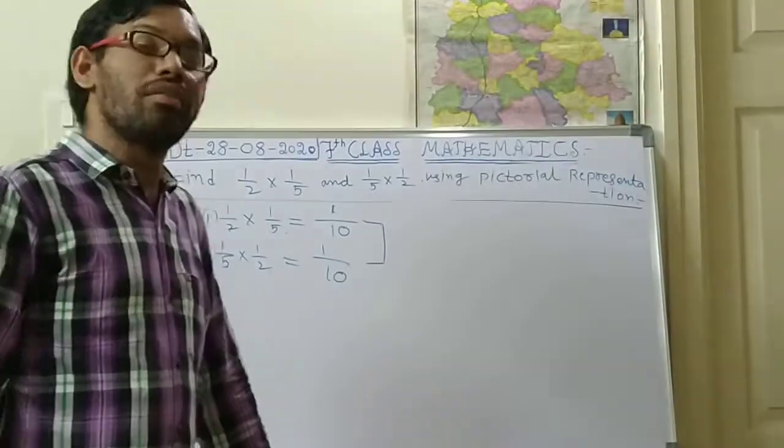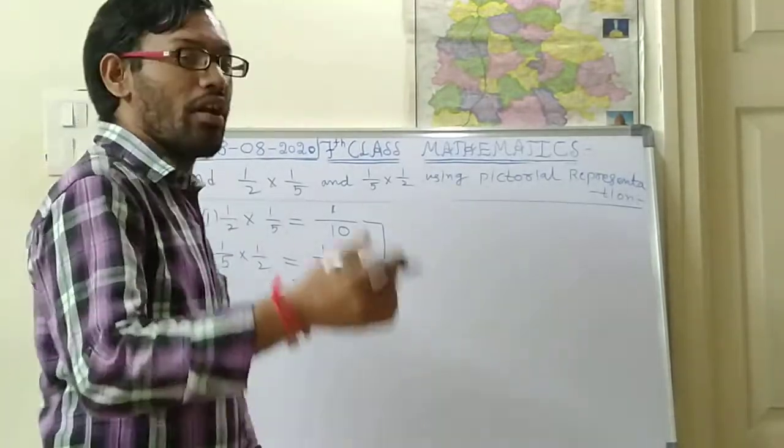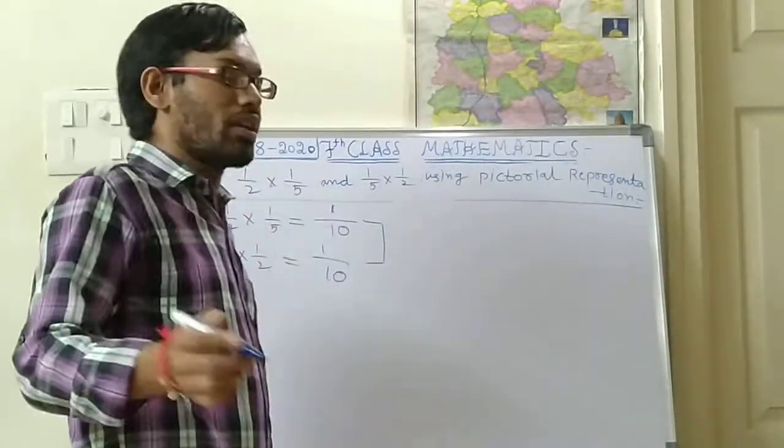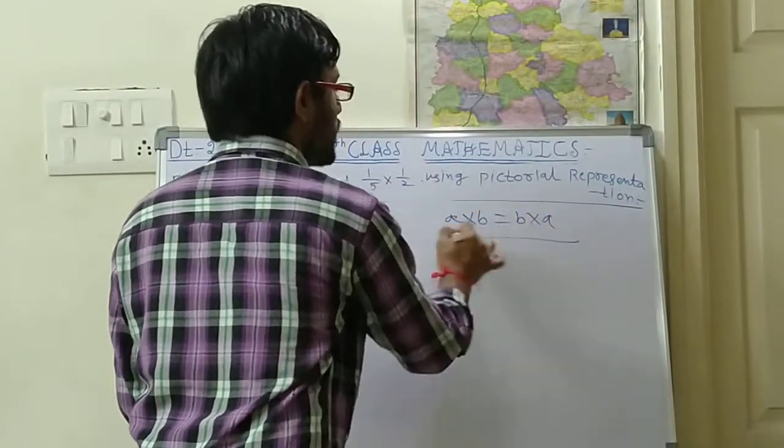As we saw in the properties of integers and properties of whole numbers, there is one property, that is a into b is equal to b into a. Is it right, children?